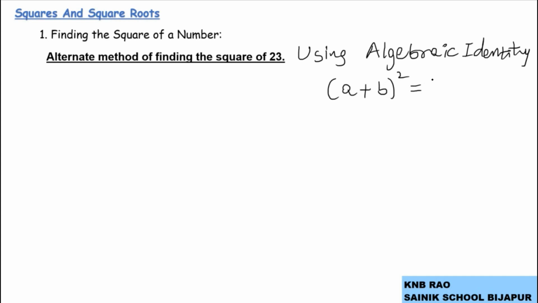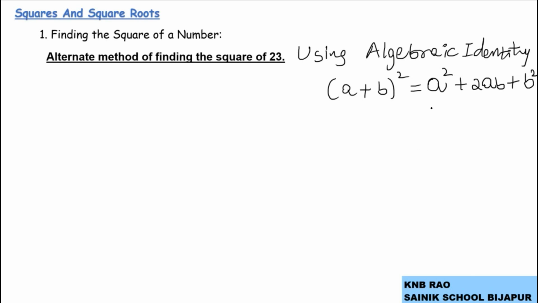What is this a plus b whole square? In class 7th we learned a plus b whole square as a square plus 2ab plus b square.